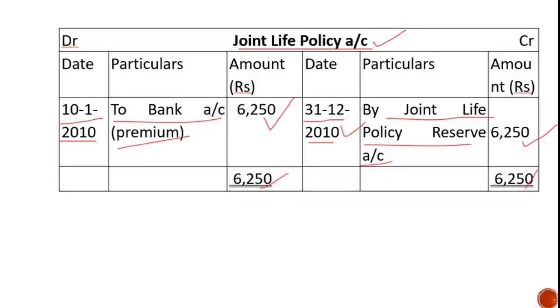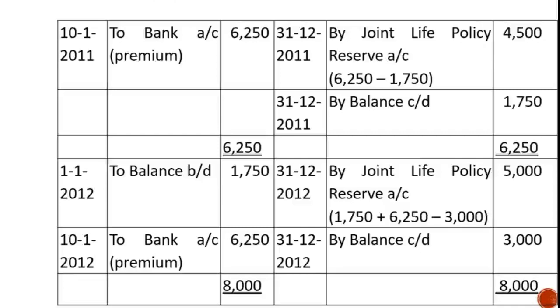So in the first year, there is no question of carrying a balance. So this is the first year. So we have done the first year. Now I'll go to the second year. Since I already said there is no opening balance, this is the second year.